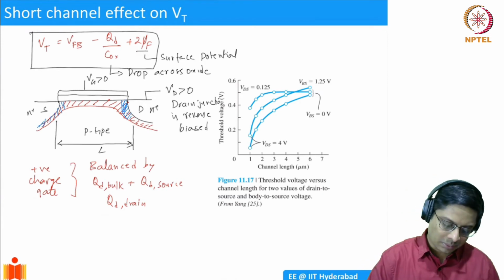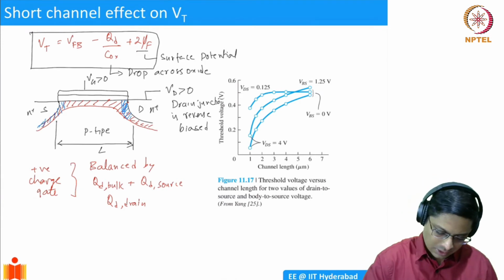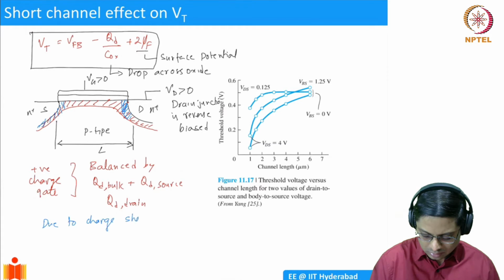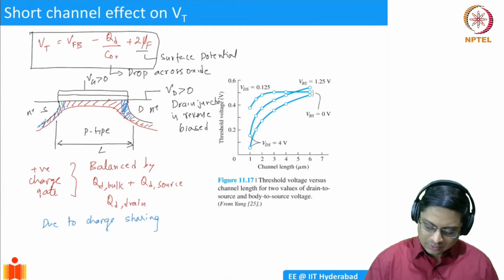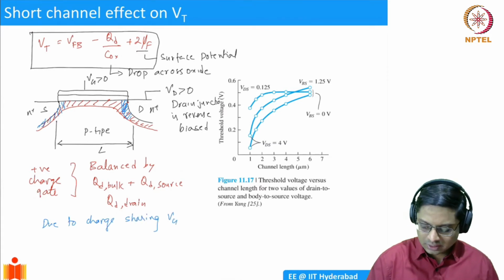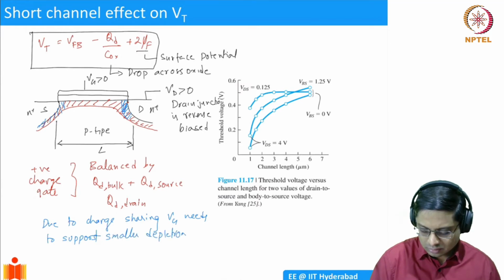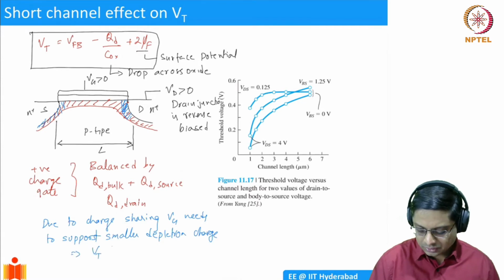So due to charge sharing, VG needs to support a smaller depletion charge. And this implies that VT is reduced.